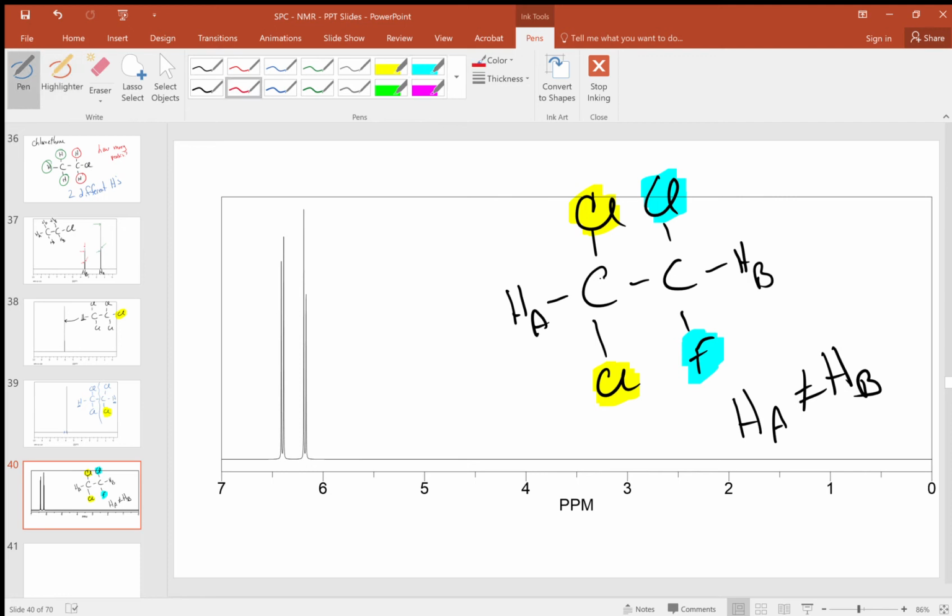We can also see fairly easily, well, let's ask this question. Which peak is going to be at higher ppm, HA or HB? So HB, given that it's attached to the carbon with the fluorine, which is the more electronegative element, will be the proton that's at higher chemical shift.